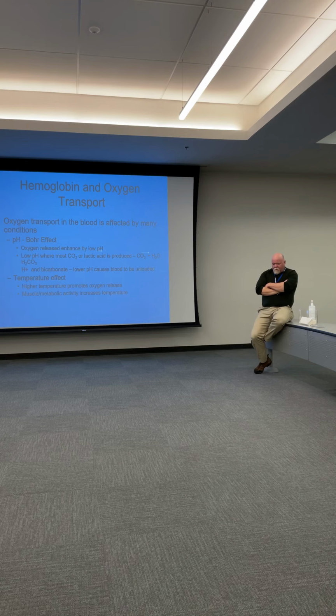If we are actively working a muscle, we're producing ATP to keep it going, and one of the byproducts is carbon dioxide. That carbon dioxide is going to bind with water right there and form carbonic acid, and the pH is going to go down. In actively used tissues, we can say the pH is going to be lower.